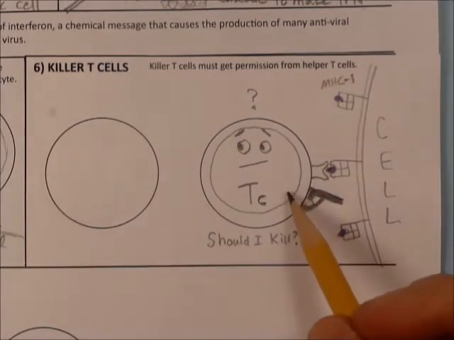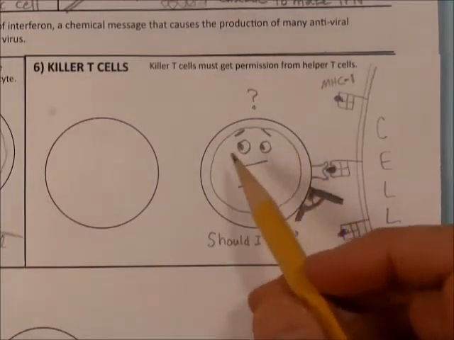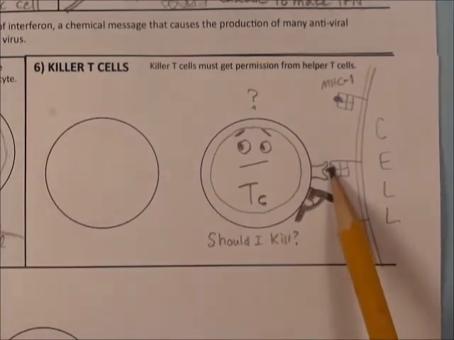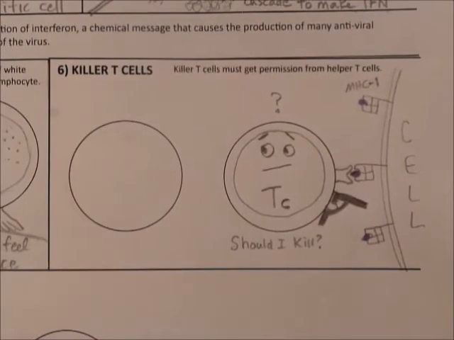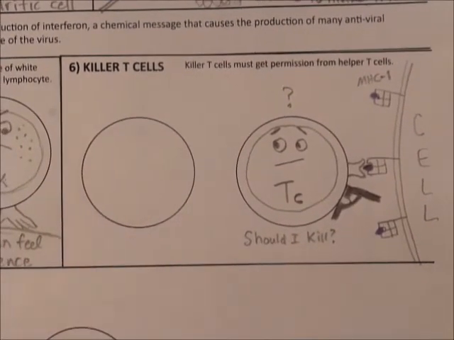Now, of course, T cells aren't complete organisms. They don't have a brain. It doesn't know anything. So there's a system in place for it to check to make sure that that's a bad thing and that it should kill the cell. So it needs to get permission from a helper T cell.